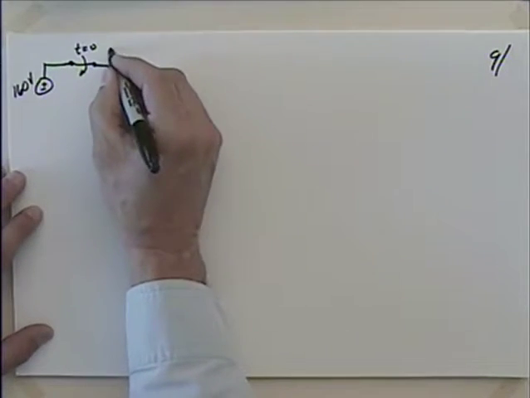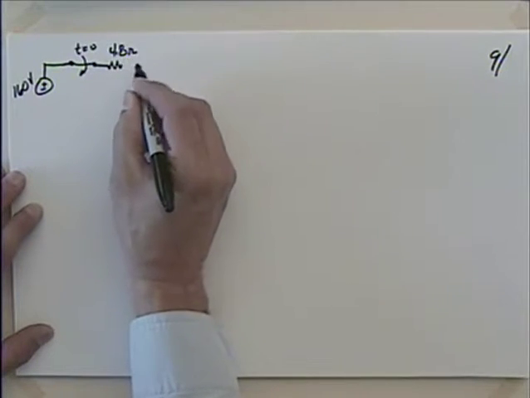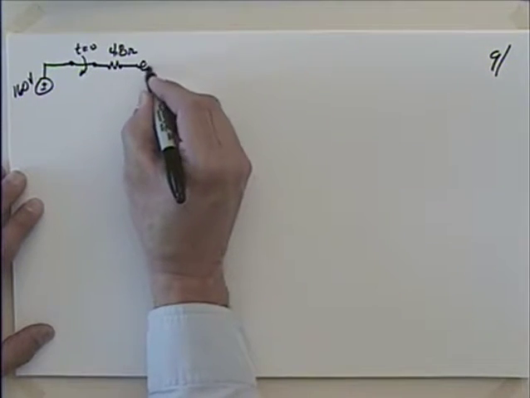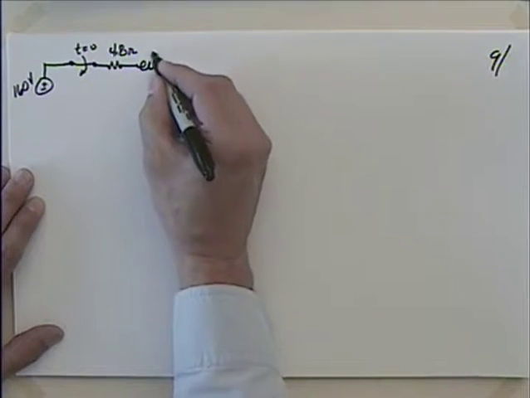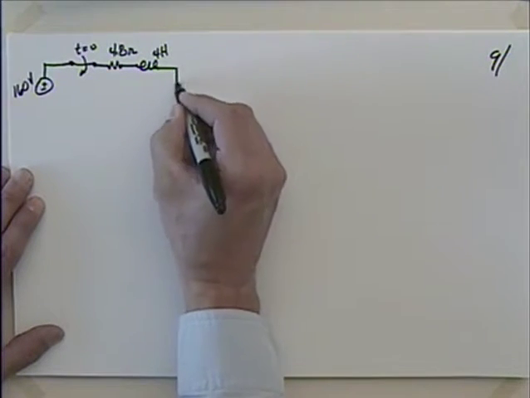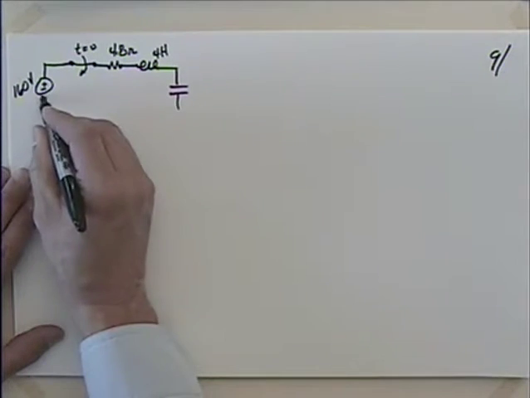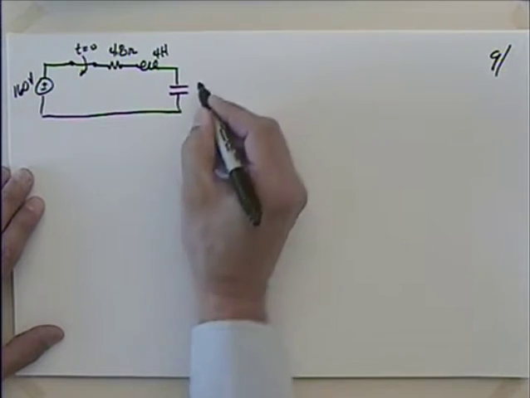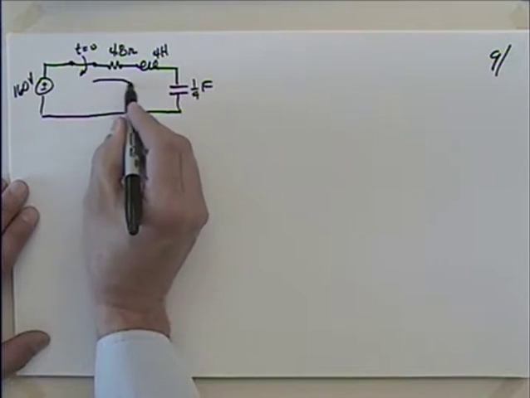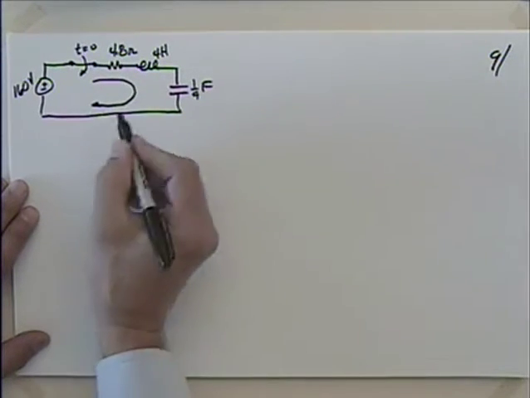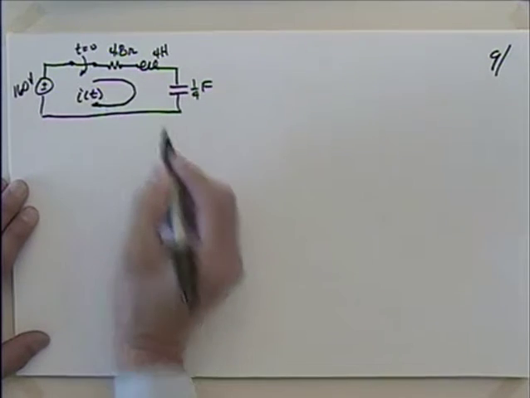I've got 4.8 ohms. Got my 4 henries. And 1/4 of a farad. And I'm going to say the current around here is I of t. This is in the time domain.